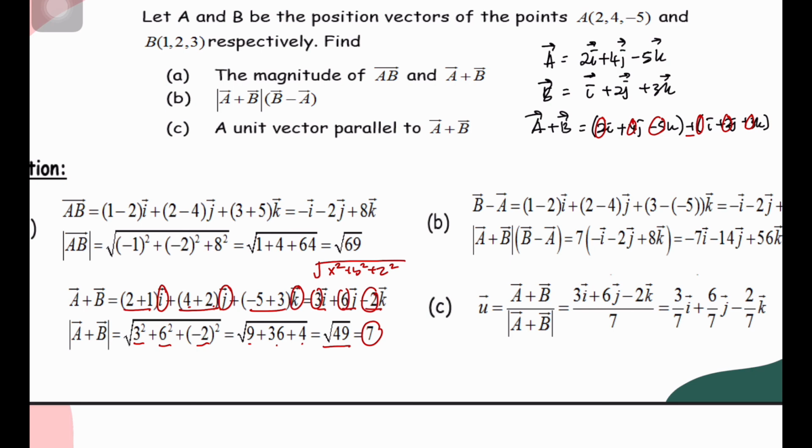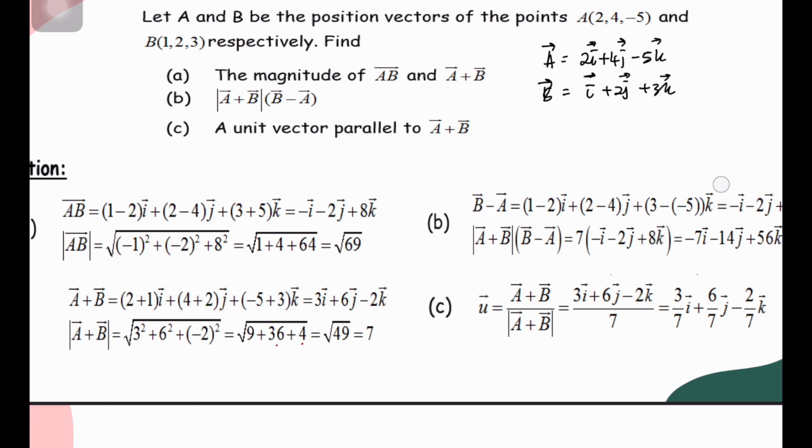So let's see the next question, which is question B. Question B asks you to find the magnitude of A plus B times the vector B minus vector A. The magnitude of A plus B, you have found here.